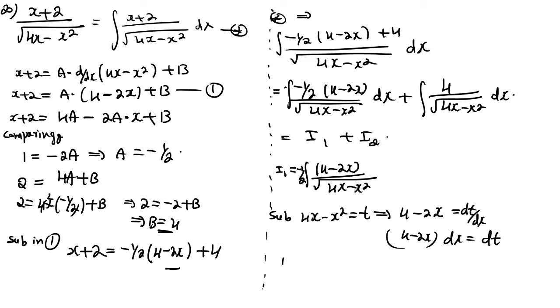So I1 is equal to minus 1 by 2 into integration of 4 minus 2x into dx, that will become dt, so dt divided by square root of t. Now integrate. I1 is equal to minus 1 by 2 into integration of dt by root t, which is equal to root t divided by 1 by 2, plus integration constant c1.